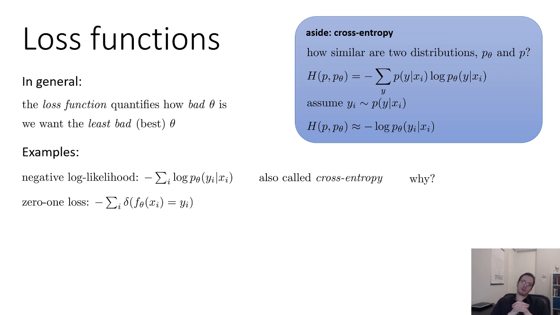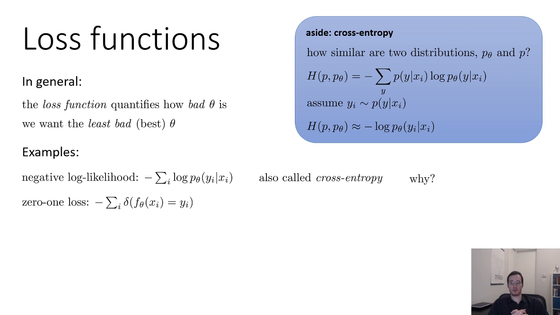Okay, another loss function you could have. You could have a 0, 1 loss. It's a very obvious loss function. It just says you get a loss of 1 if you got the wrong answer, and you get a loss of 0 if you got the right answer. What I have written on this slide is actually a little different. It's actually a negative 1, 0 loss.